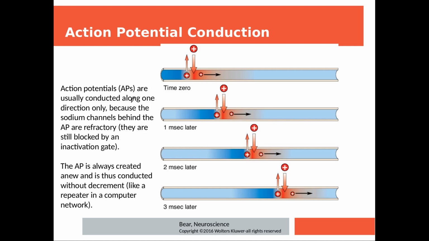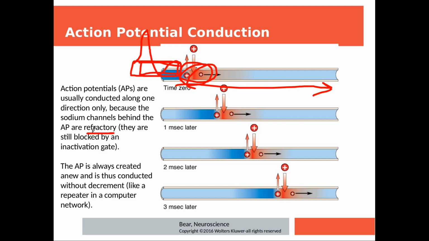And they only go one direction usually, because after it passes this area, you'll be in this time period where there's no sodium outside the cell. There's too much potassium inside the cell. So that cell's kind of tired. It's called a refractory period.